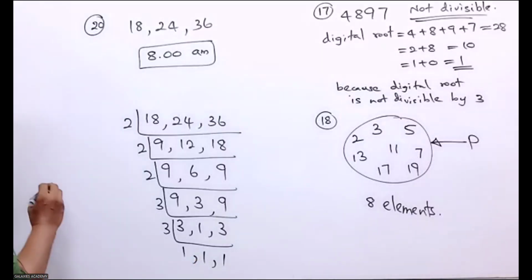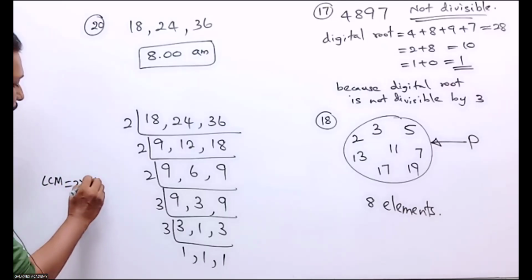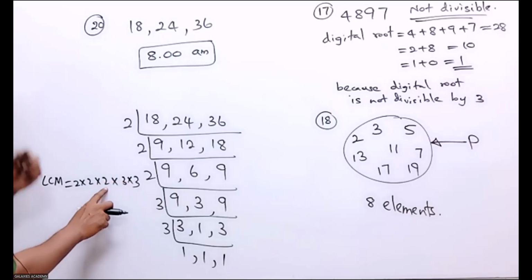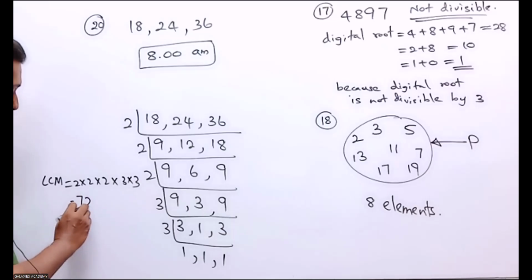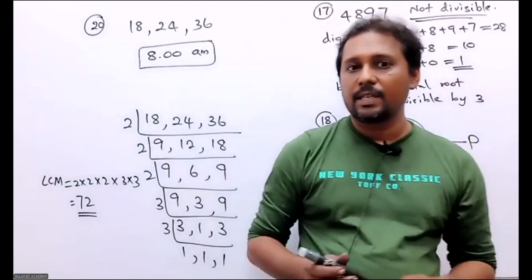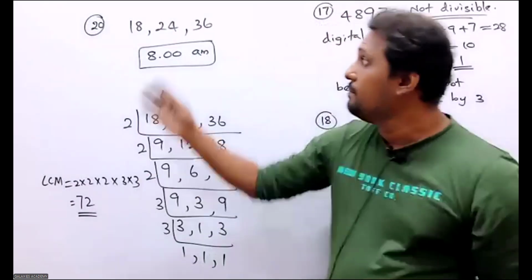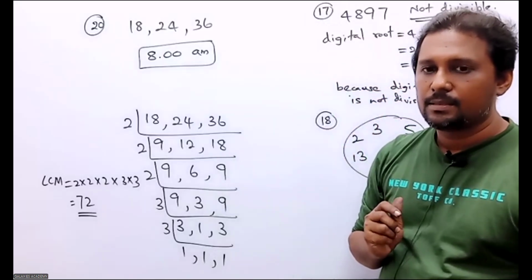So what is the LCM? 2 multiply 2 multiply 2 multiply 3 multiply 3. 3 times 3, 9. 9 times 2, 18. 18 times 2, 36. 36 times 2, 72. Right? එහෙනම් මේ තුනම එකපාරට ring වෙන්න කොච්චර වෙලාවක් යනවද? ආයිමත් 72 minutes. 72 minutes right, 1 hour and 12 minutes.